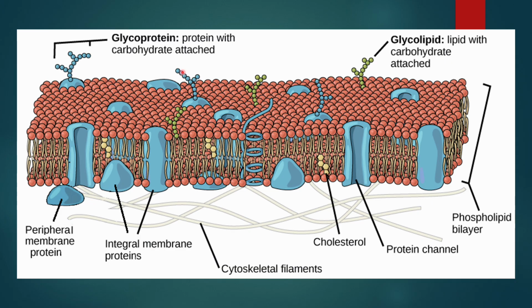You could also find carbohydrates attached onto lipid molecules. And in that case, they would be called glycolipids, where the glyco portion is the carbohydrate, and then the lipid, which is below. We can't actually see it in this diagram. And remember, this is fluid. Those proteins are able to move throughout the mosaic.